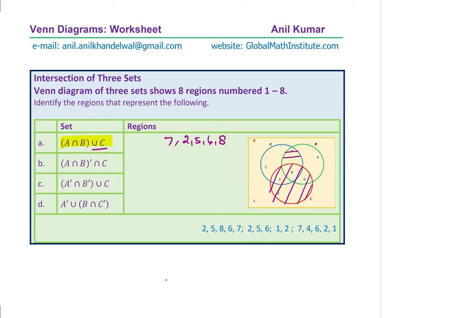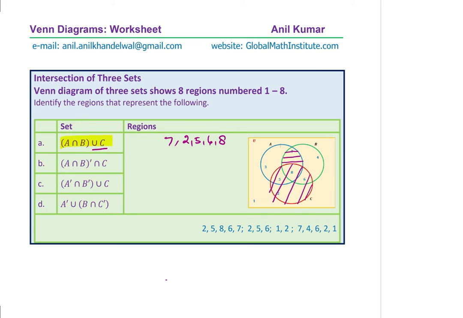So whatever I have shaded now includes the intersection of A and B. You could go the other way and shade this first, and then C. But in doing all this, the regions shaded will be 7, 2, 5, 6, and 8. This makes sense to you, correct? So that is how you should do this particular question.